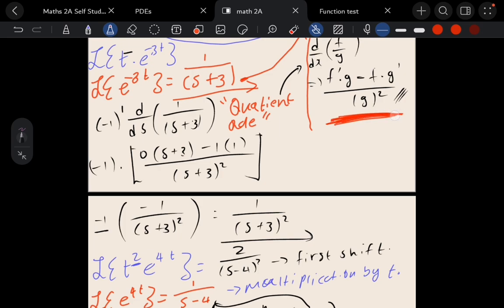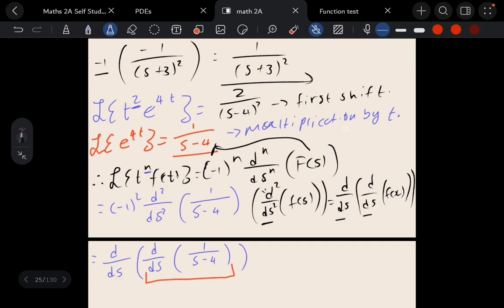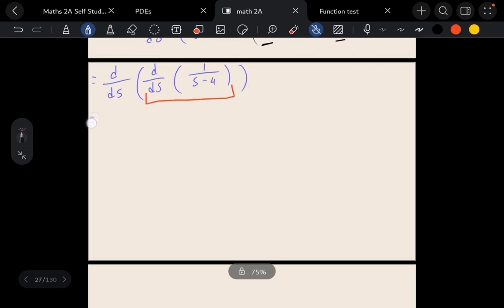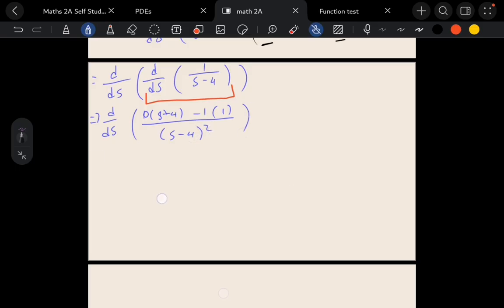So we are going to have d over ds of 1, which is 0 times 1 times s minus 4, minus 1 times 1, divided by s minus 4 all squared. So it's just d over ds of negative 1 over s minus 4 all squared.